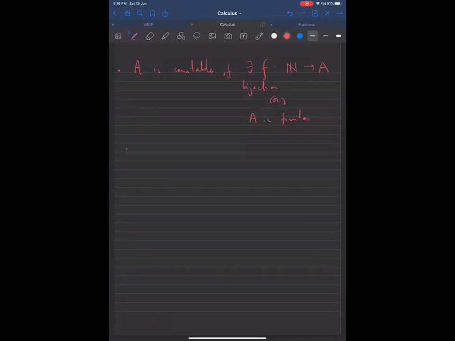A is countable if there exists a function from N to A which is a bijection, or if A is finite. The next important thing is R is not countable, and the sets which are not countable, we call them uncountable.